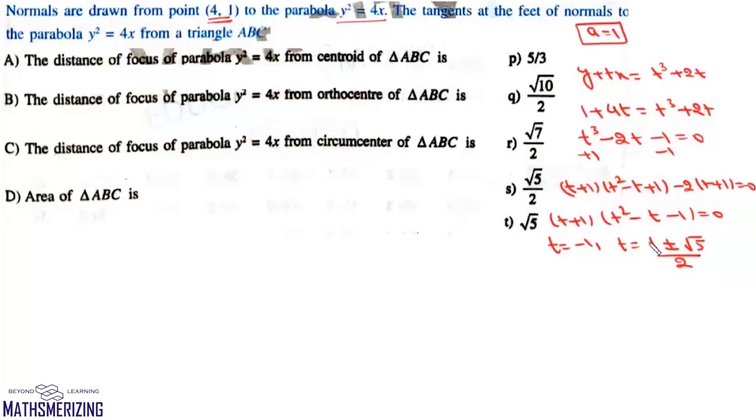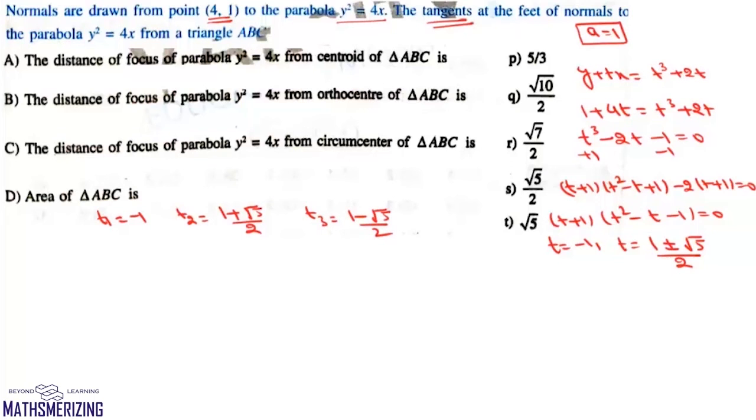So now we have t1, t2 and t3. Suppose t1 is minus 1, t2 is (1 plus under root 5) upon 2, and t3 is (1 minus under root 5) upon 2. Now we know that the point of intersection of tangents is (a t1 t2, a (t1 plus t2)).